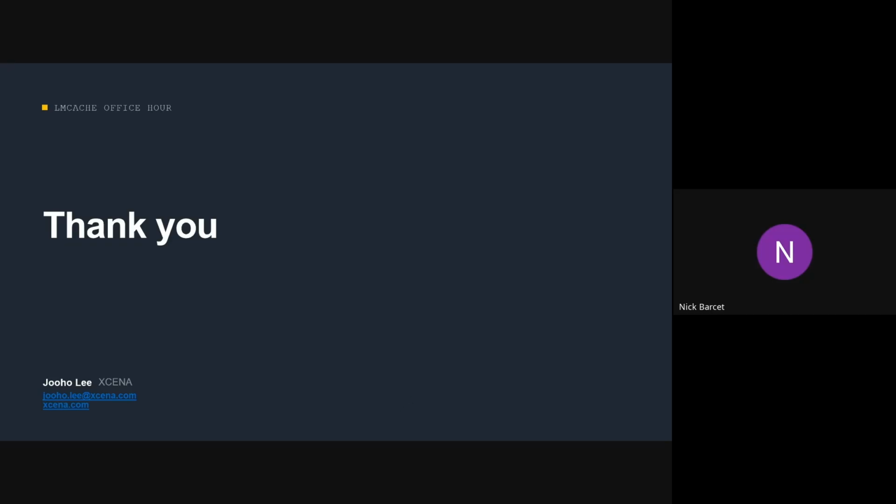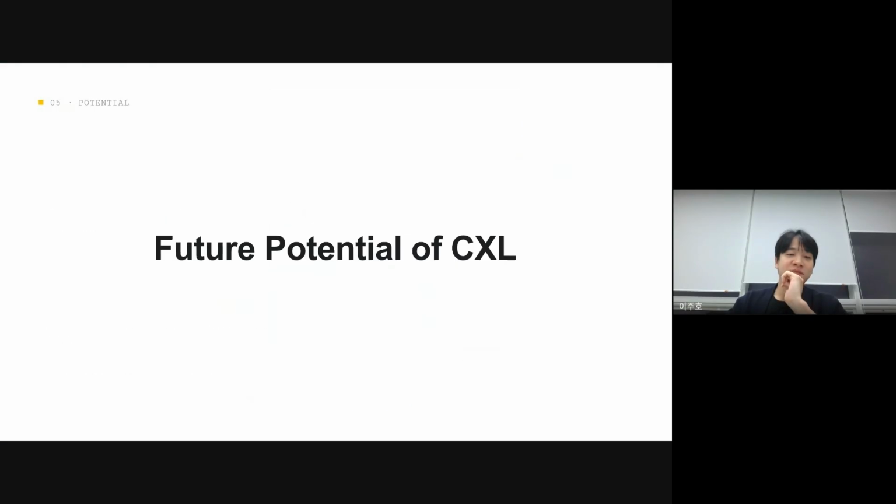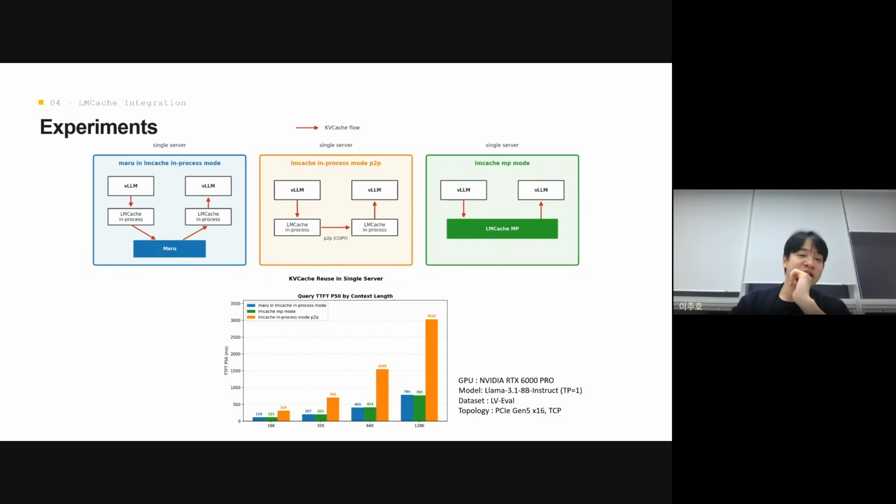While people are formulating their questions, I have a question for you. Have you tested CXL with the P2P feature in LMCache? Yes, but we have tested only in process mode, not MP mode.